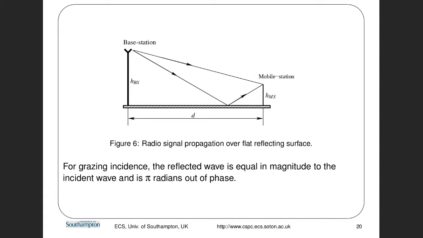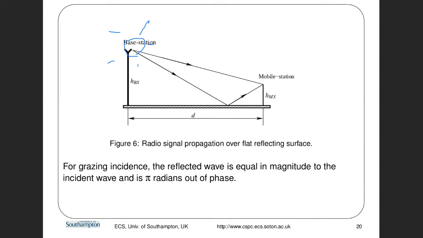So you can see this model is sometimes also called two-ray model, because you have a direct line of sight and you also have a reflected link. So in the morning, we mentioned that when base station is transmitting signal, the signal would go everywhere, and there will be a lot of reflections.